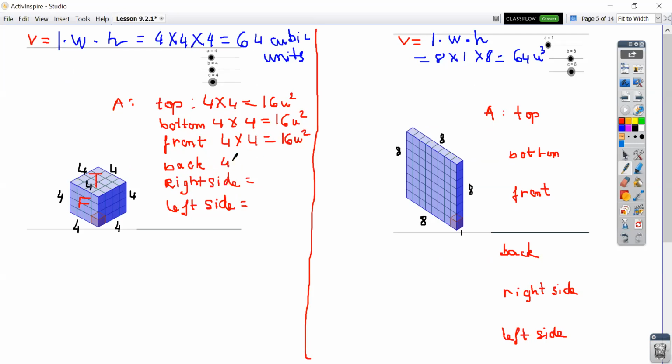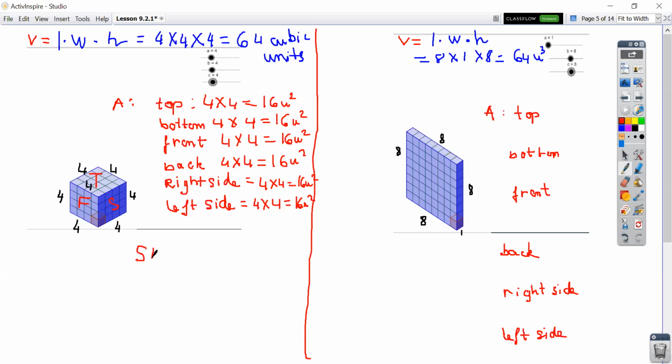The back, 4 by 4, 16 square units. The right side, 4 by 4, 16 square units. And the left side, 4 by 4, 16 square units.